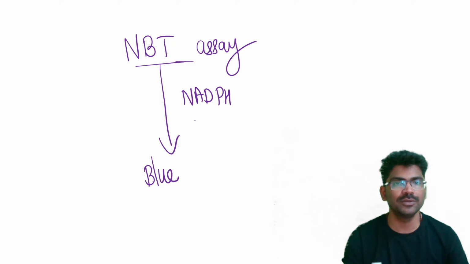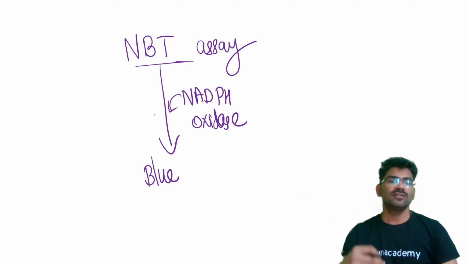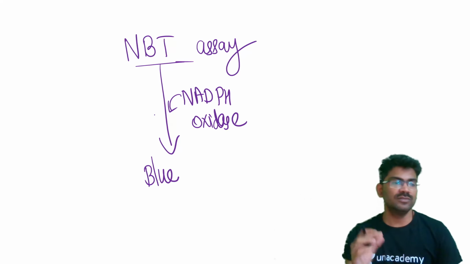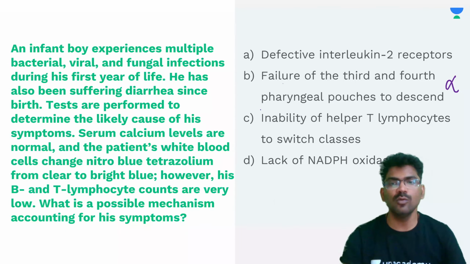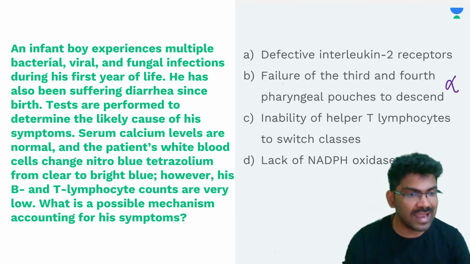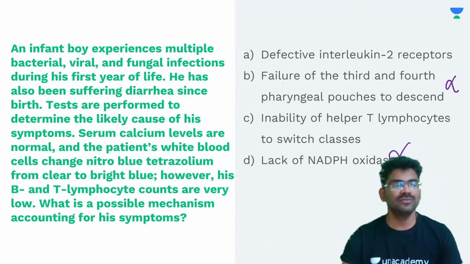Are you getting my point? Only in the presence of NADPH oxidase, this NBT will be converted into blue color. So you can exclude chronic granulomatous disease. Clear? So we exclude option D also.